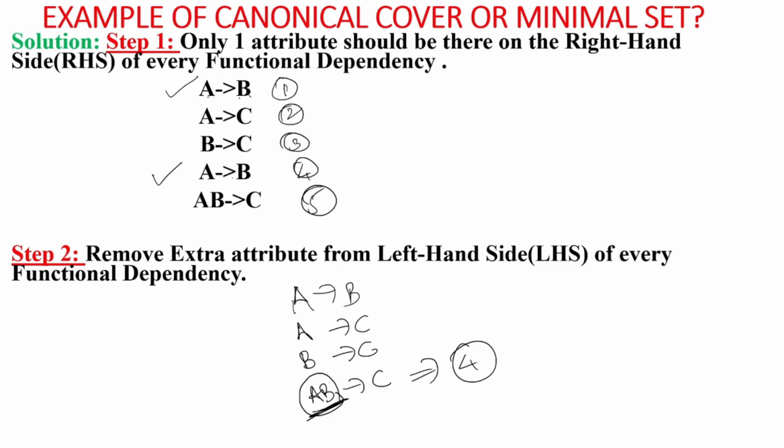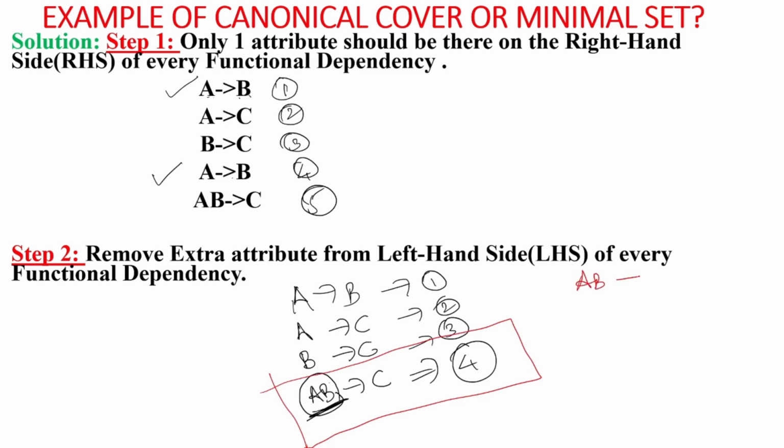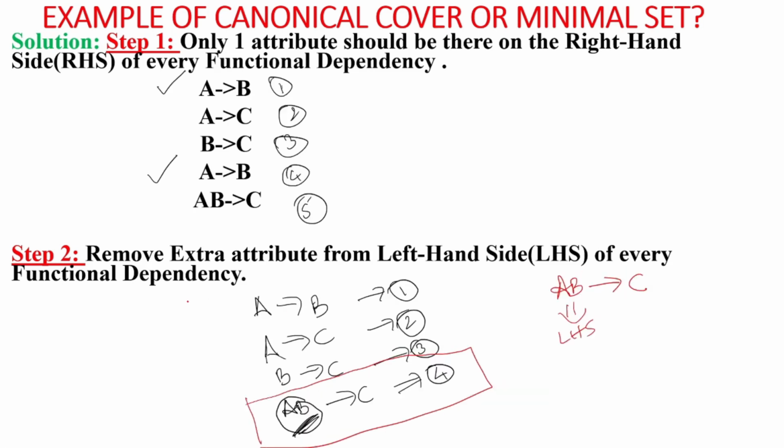So how to check? Only consider this FD, AB tends to C. While removing the extra attribute from the left hand side, we only consider the left hand side of the FD. Don't consider the right hand side. On the left hand side we have 2 attributes, A and B. We have to check whether A is extra or B is extra, or they are not extra.